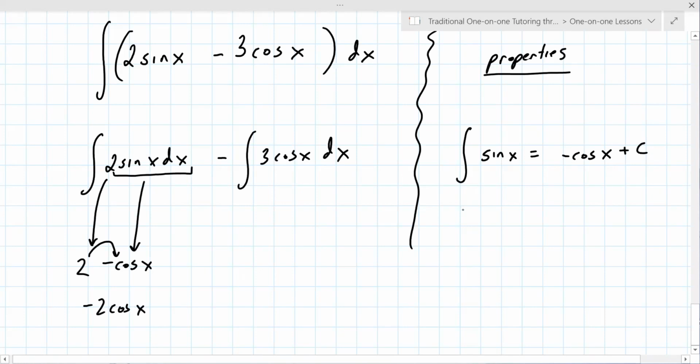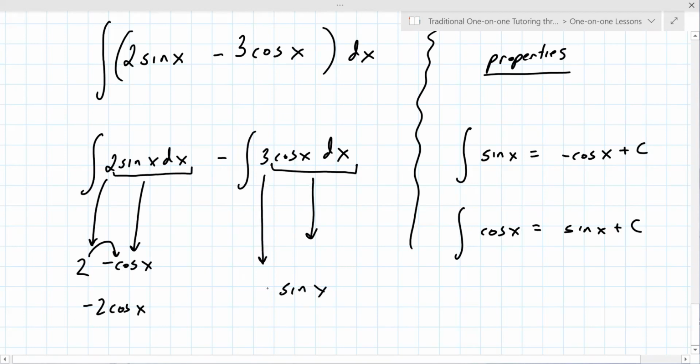The integral of cosine x is sine x plus c. So this part right here is sine x. You bring the 3 down and you have a negative there. Do you follow that?